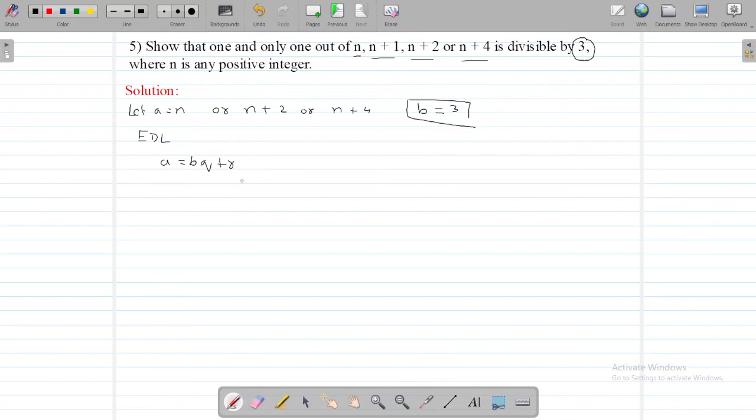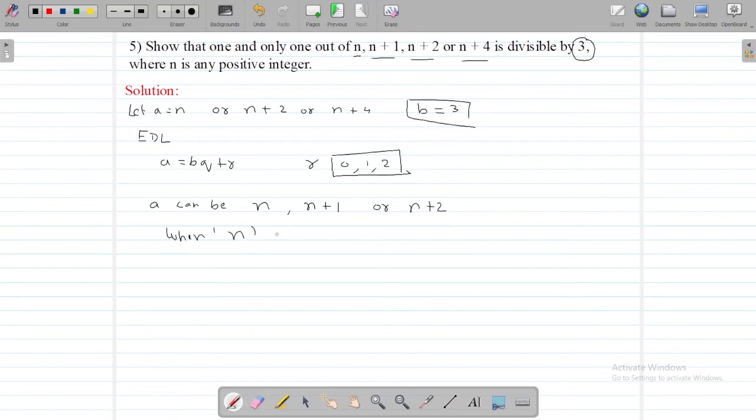So here, as the remainders will be 0, 1 and 2, our remainders will be 0, 1 and 2. So I will be getting the value of a can be n, n plus 1 or n plus 2.